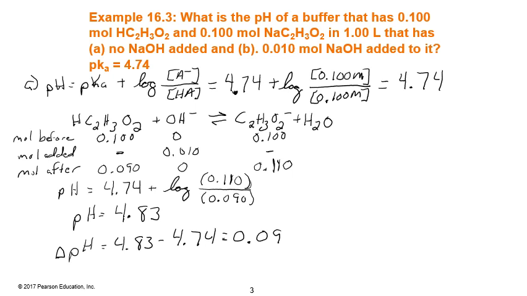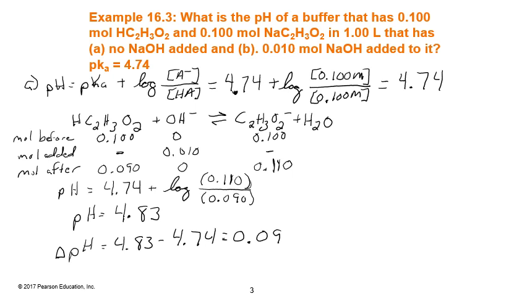Now if we think about what this compares to, if we just had the base in solution, we'd start with pure water, which has a pH of 7. If we added 0.1 moles to 1 liter of solution, our pH would be about 12.